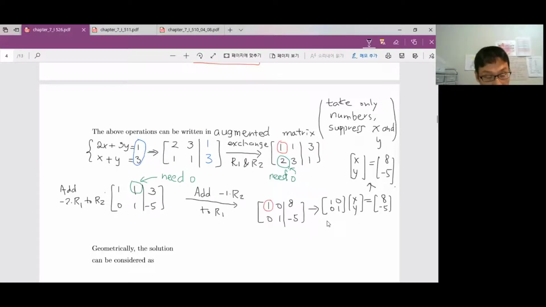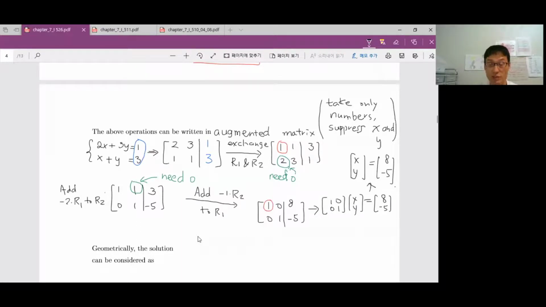Any question? From experience, students got confused with this idea. Well, the thing is, this method is nothing new. Everyone knows how to solve a system of linear equations, the same idea.